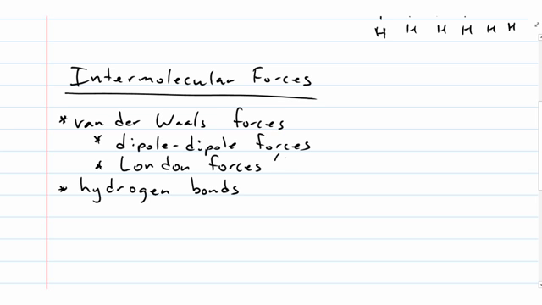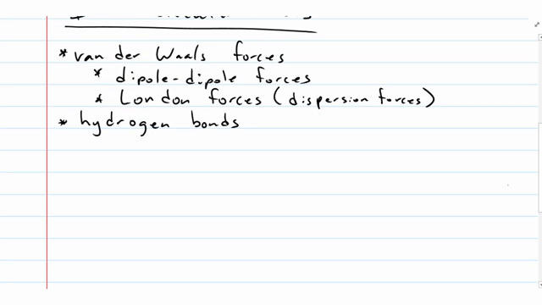London forces are not named after the city of London, but rather after a person who is given credit for first describing them. Sometimes London forces are also called dispersion forces. We're going to start by looking at dipole-dipole forces.